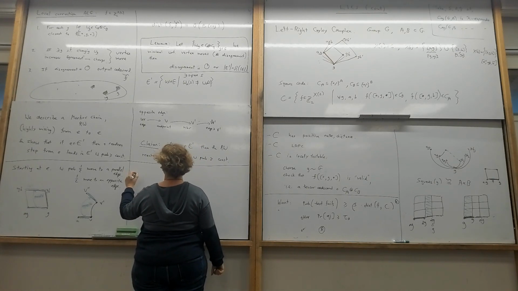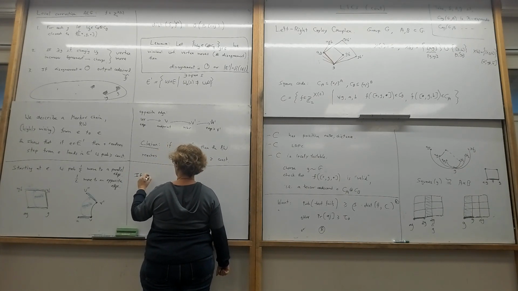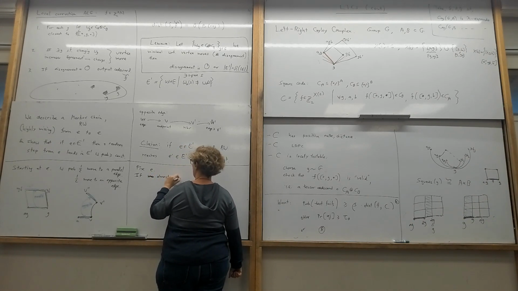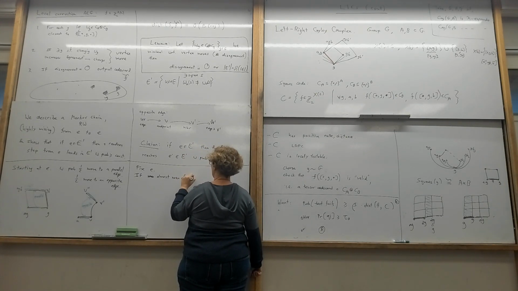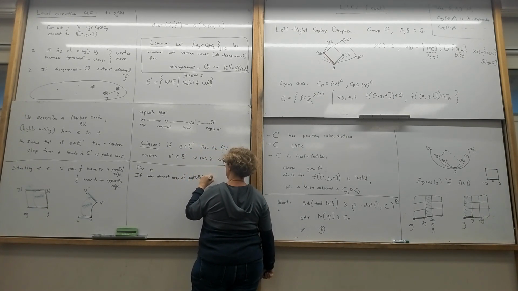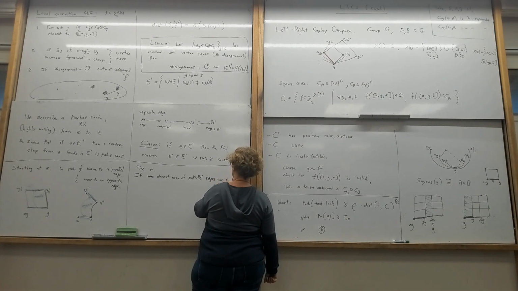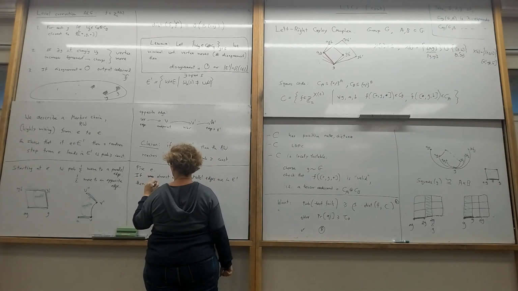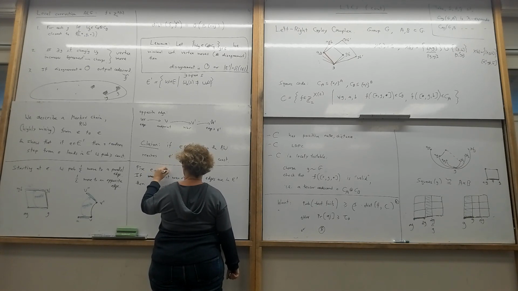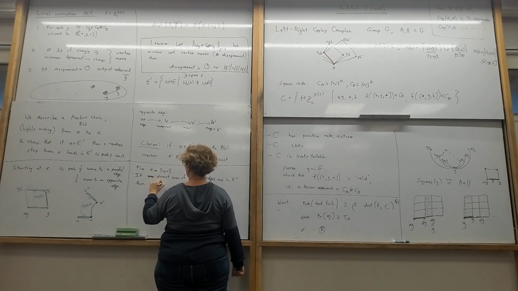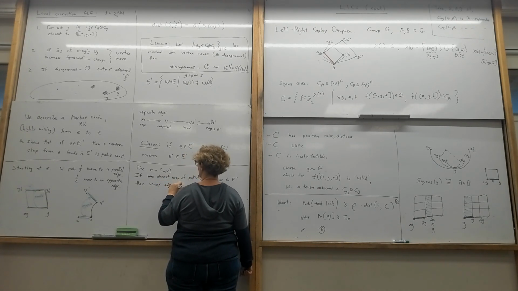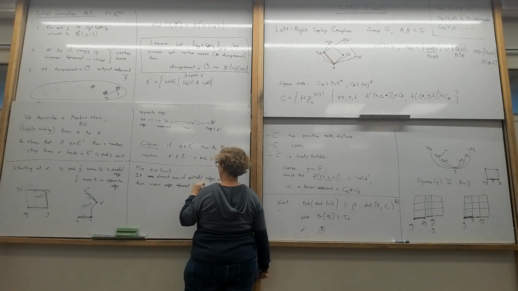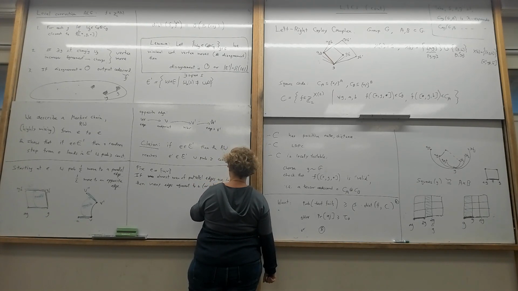Claim: fix E. If almost none of the parallel edges are in E prime, then, so E is some, I don't know, UV, many edges adjacent to U or V are in E prime.